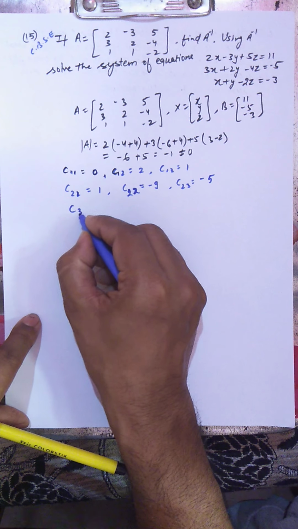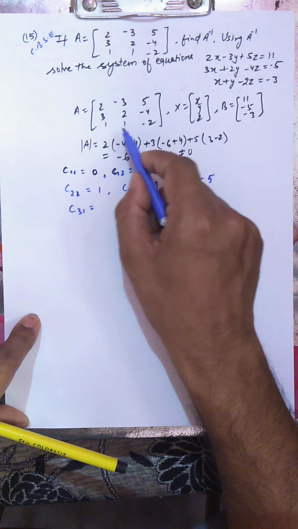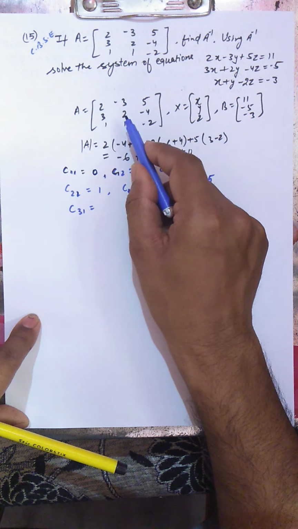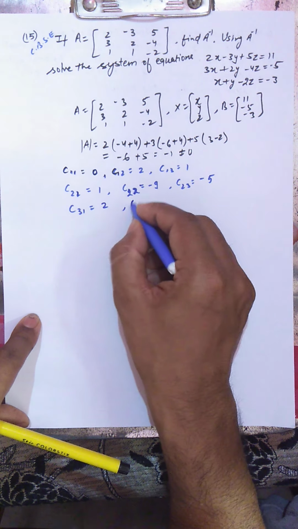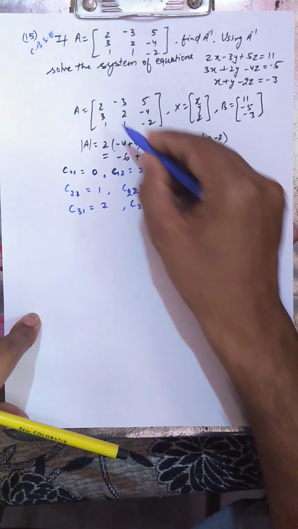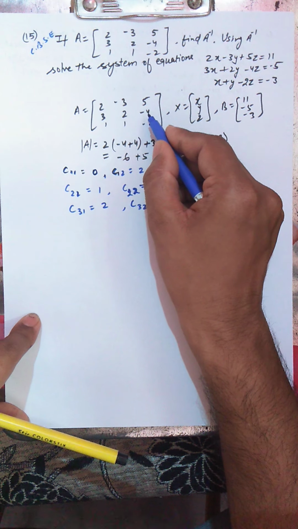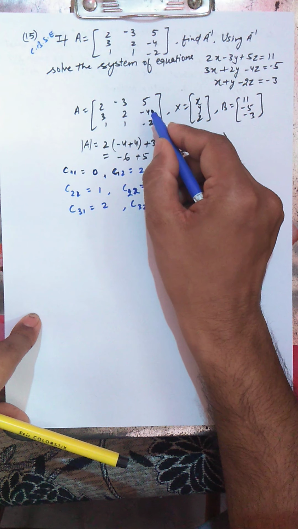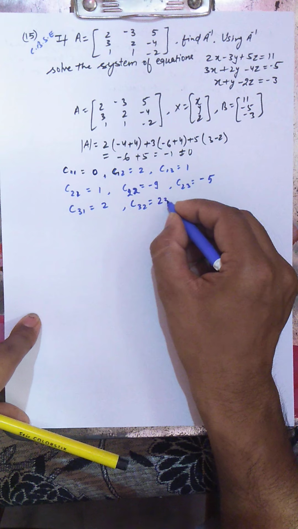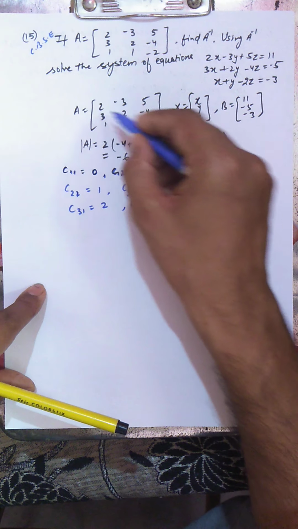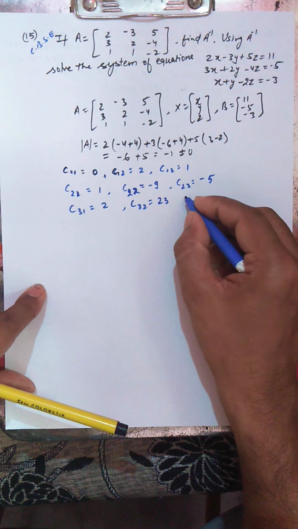Now C31, you calculate. C31 will be this way. This is 12 minus 10, and 12 minus 10 is 2, so it becomes 2. C32 is this goes 2 minus 8 and minus 15. So minus 8 and minus 15 is minus 23, but it becomes plus 23. So 8 and 15 is 23.